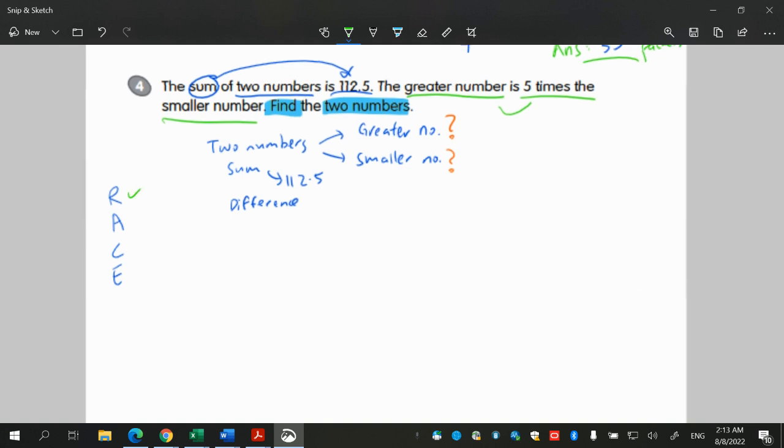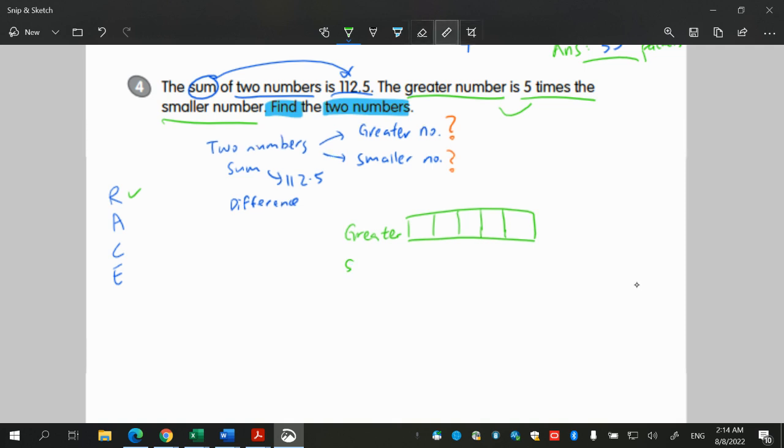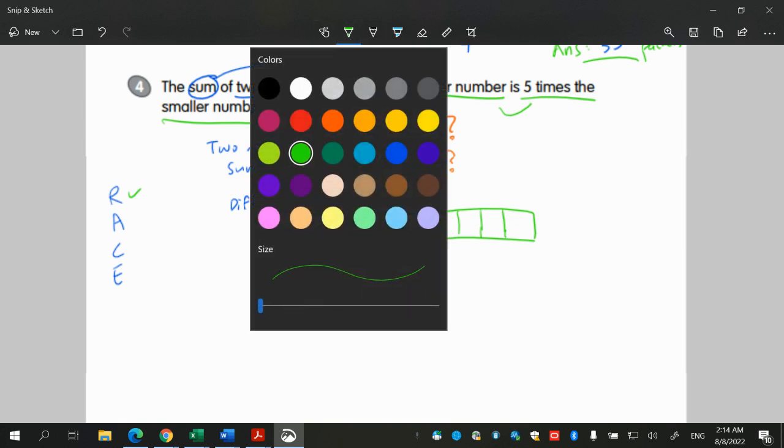I think it's easier if I draw out the relationship. Maybe some of you find that you could just use the unitary method. So I've got 5 times, that means 5 units. That's the greater number. And then I've got the smaller number. Let me use another color for the smaller number. Let's use purple.